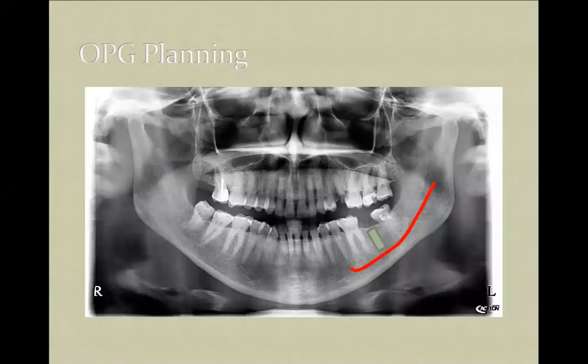In the past, they used special markers that were placed here in occlusion. The size of the marker was clear, like this marker is 5 millimeters in diameter. And once you measure it on OPG, you can understand what length of the implant you have.